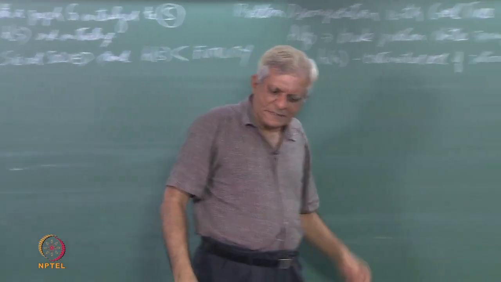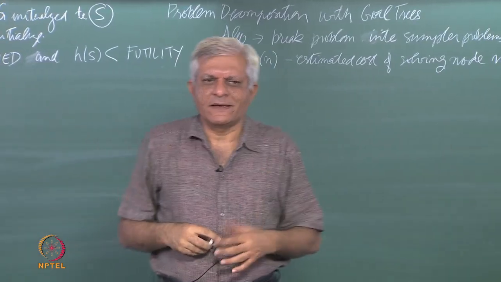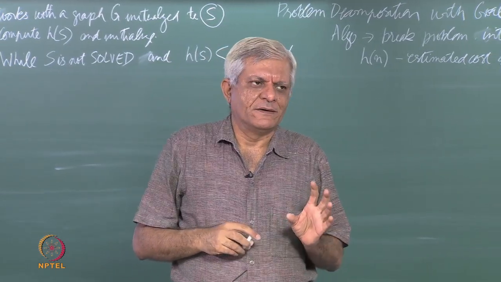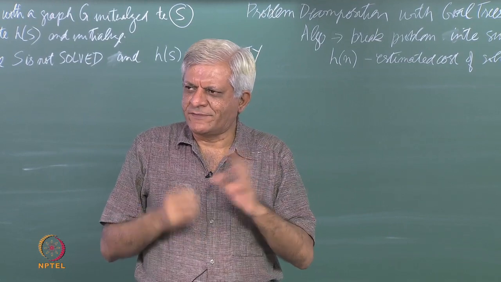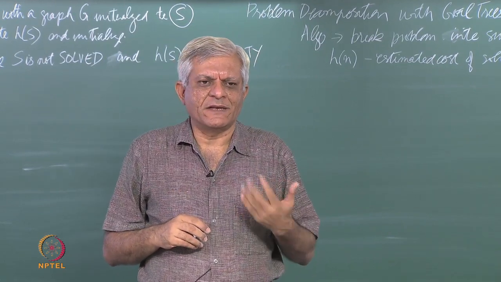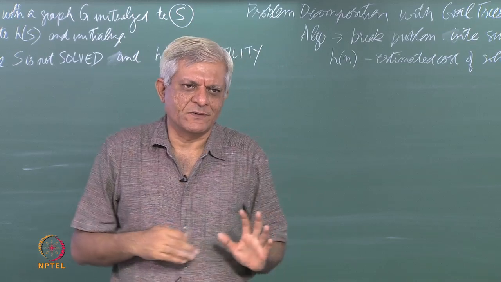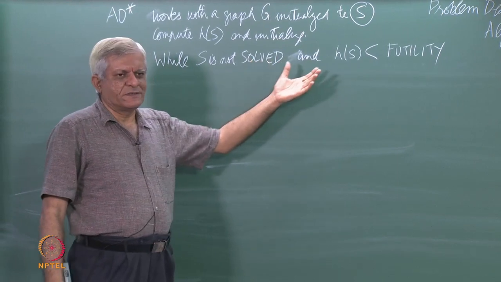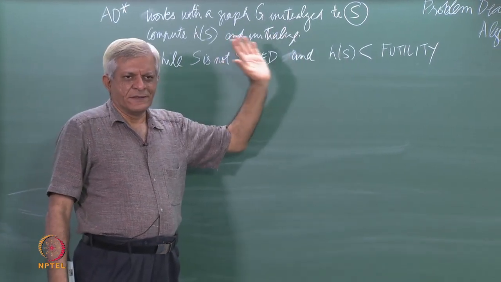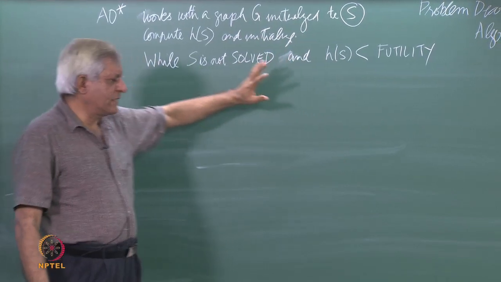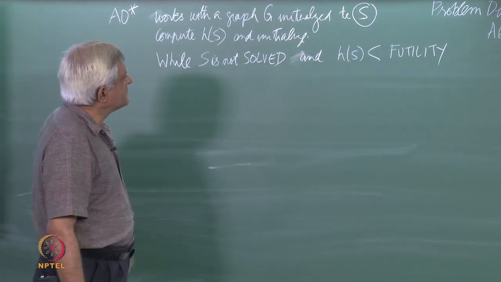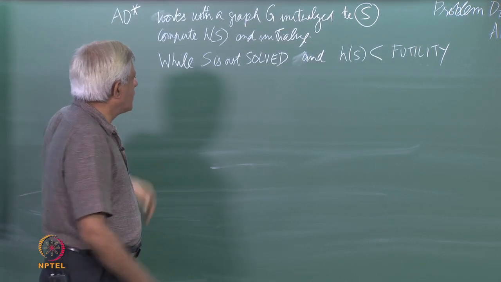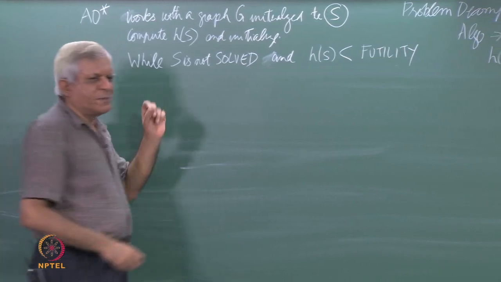So, if you look at for example, Rich and Knight, the book which describes this algorithm that I am describing here, we use some value called futility which says that basically we do not want a solution which is more expensive than this value. So, we are going to look for a solution whose value is less than this number called futility essentially. So, that is just an additional thing that we are using. Do the following. Okay. So, we have to pick a node to expand.